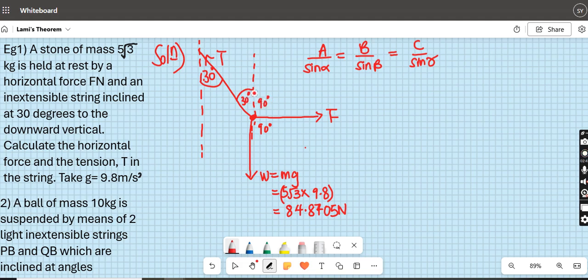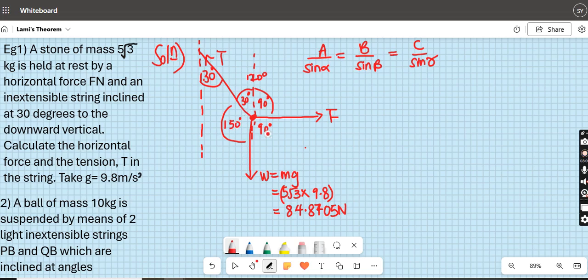So 30 plus 90 gives us 120, and that is the angle between T and F. Now what about the angle between T and W? If this downward vertical is 180 and we take away 30, we have 180 minus 30, which is 150, and that gives us the angle between T and W.